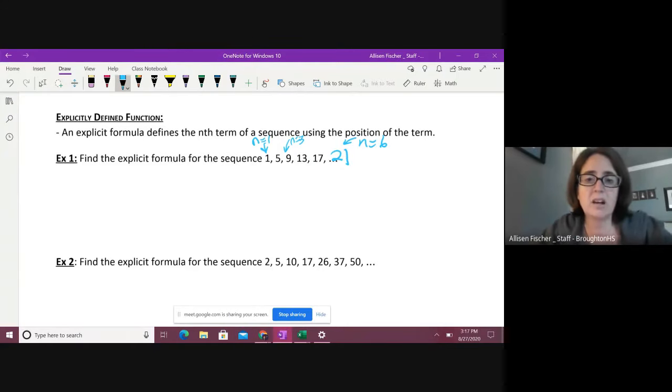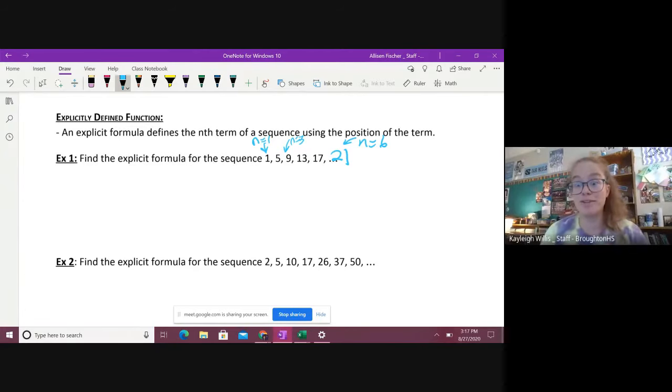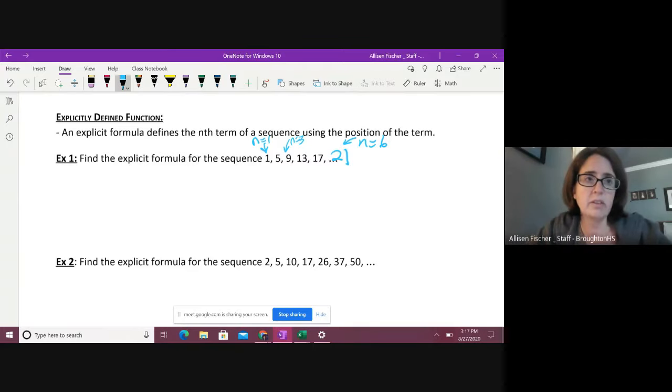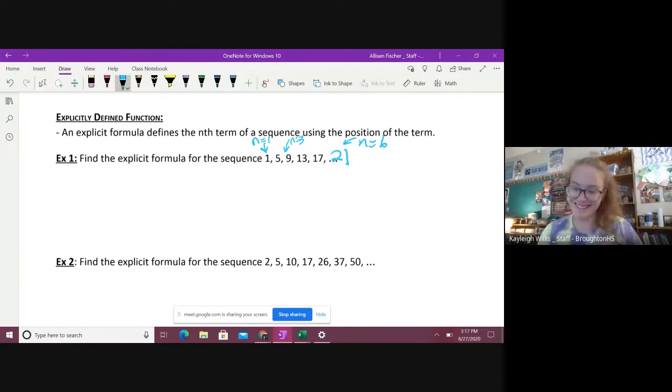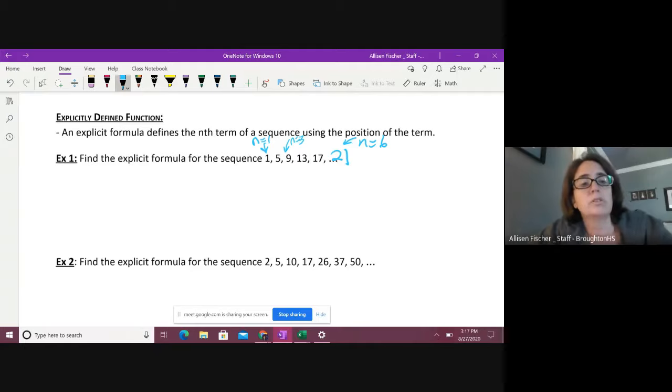So now I need to come up with that rule. So I would be able to find like the 21st term with this rule instead of writing it all out? Yes, you should be able to find the 100th term in this instead of having to write out all 100 terms. So we are going to figure out what the rule is. Miss Willis already mentioned for us that we're adding 4 every time.